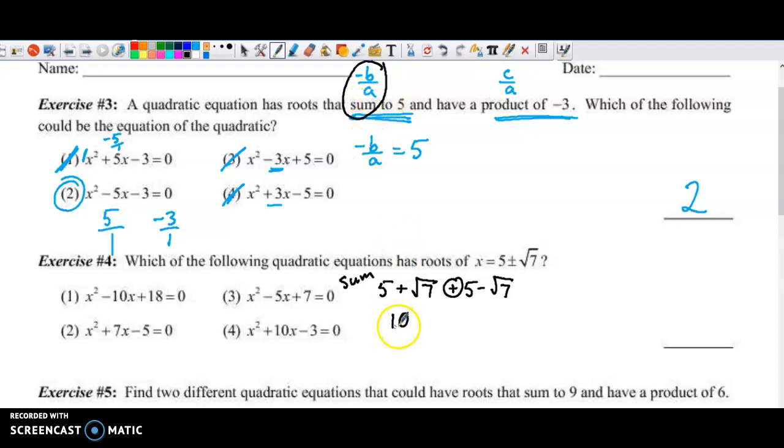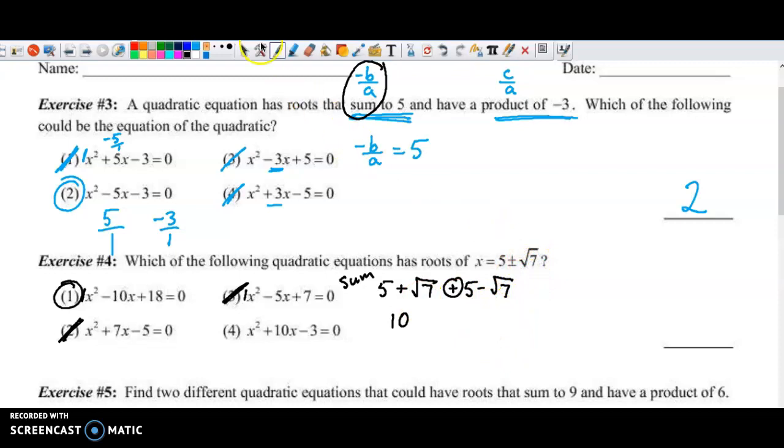As you look at my options, option 2 and option 3, positive 5 divided by 1 does not give me 10, and negative 7 divided by 1 does not give me 10. The correct answer would have to be option 1, because the negative of negative 10 would be positive 10 divided by 1.